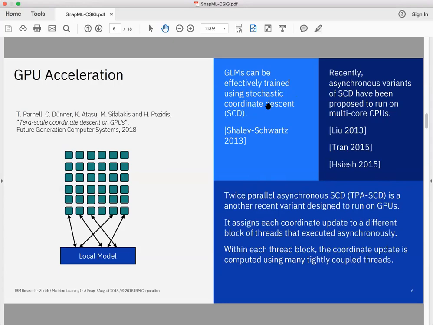So we were following these developments and saw a number of papers in the literature where people tried to map this algorithm, stochastic coordinate descent, onto multi-core CPUs.